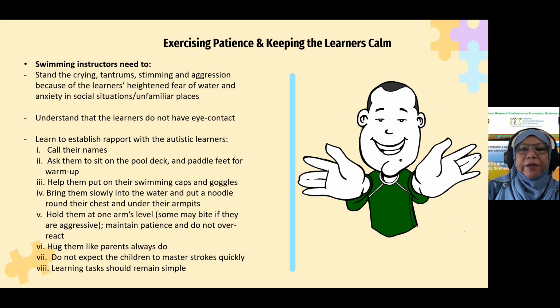And for fear that these learners can sometimes get aggressive, it is also advisable that when a teacher holds a child, it can be at one arm's length, so the child won't be able to bite you or scratch you or something like that.